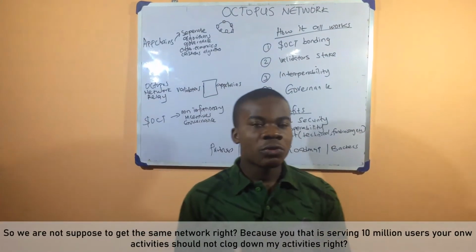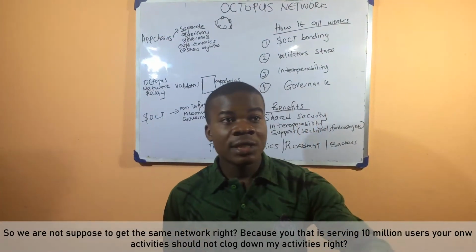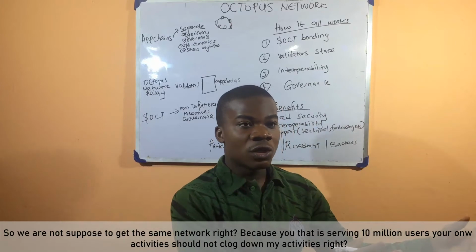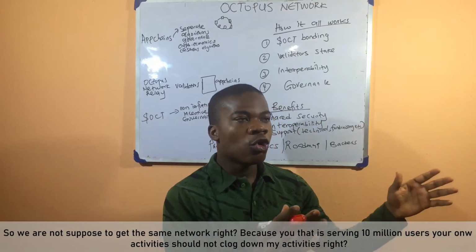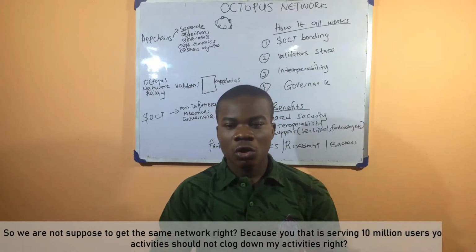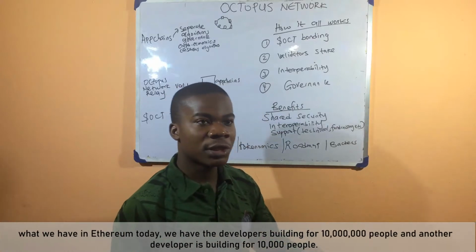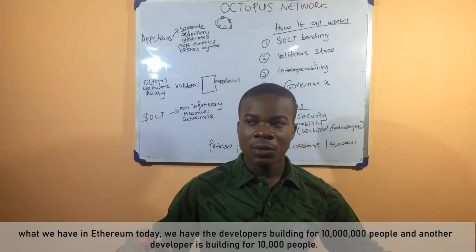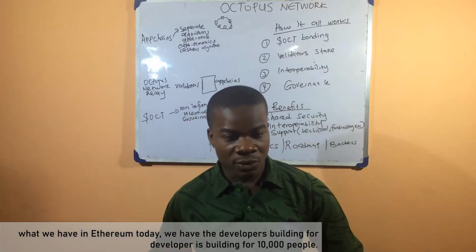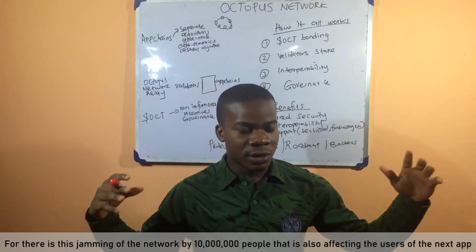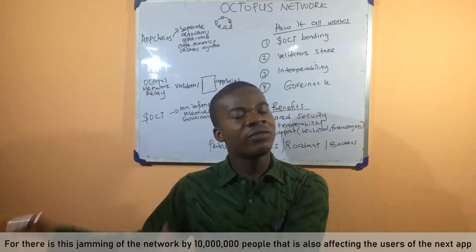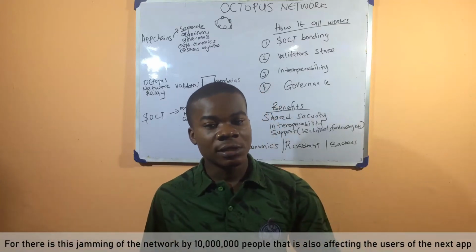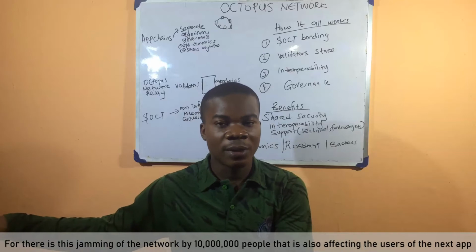We are not supposed to be on the same network, because your activities serving 10 million users should not clog mine. You have what we have in Ethereum today, where a developer building for 10 million people is jamming the network and affecting the 1,000 people of another developer, and it's not good.